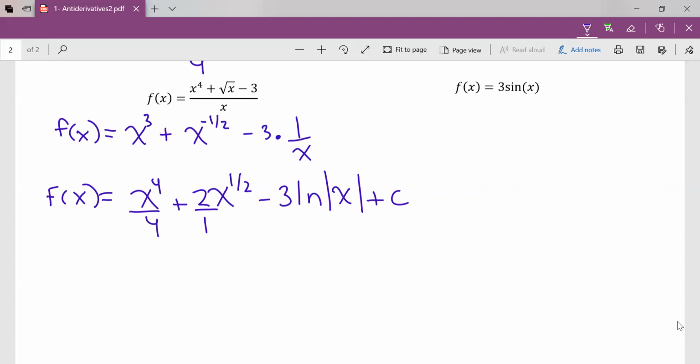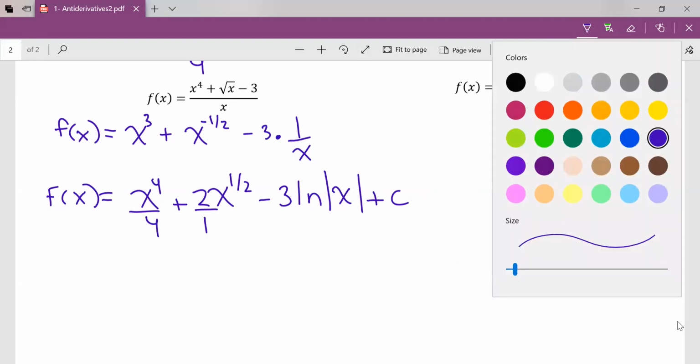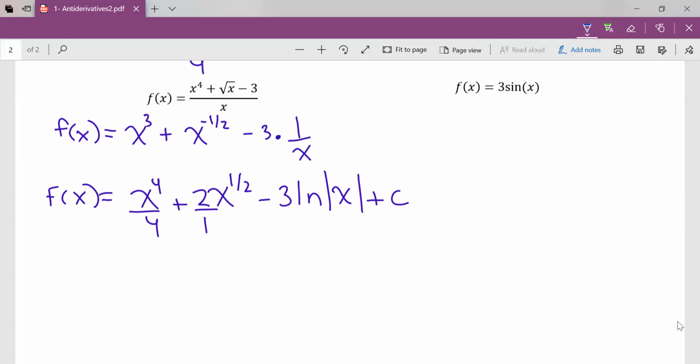Pretty cool. Okay, so now, friends, let's take a look at another one here. We're going to take the antiderivative of a trig function. So I'm saying to myself, what the heck? Okay, well, let's switch to blue here. I say to myself, okay, let's just remind myself, what's the derivative of sine x? Well, the derivative of sine x is cos x, right?